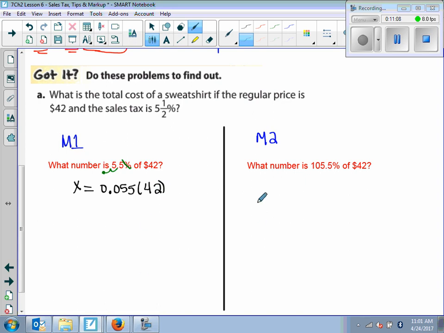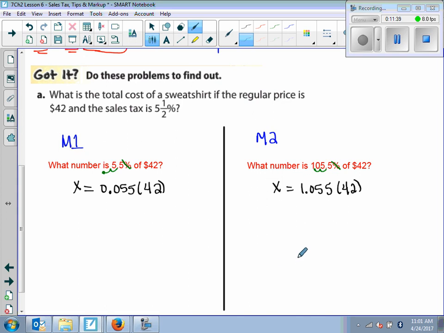Okay? On the other side over here, we're going to write our what number is question, and that's going to be x equals, and once again, we're going to move the decimal 2 places to the left and take away our percent sign, and that's going to give us 1.055. And we're going to multiply that times 42. Does everybody see the difference between the two?